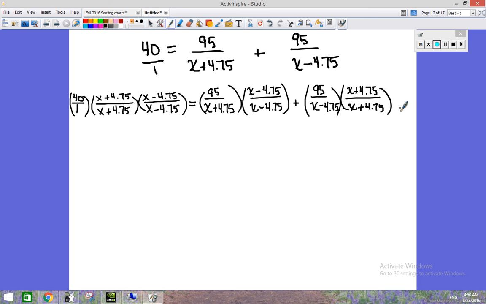Now all of my terms have a common denominator. So if I multiply every term by that common denominator, it will clear all of my denominators for this equation. And so what I'll have is just the numerators.